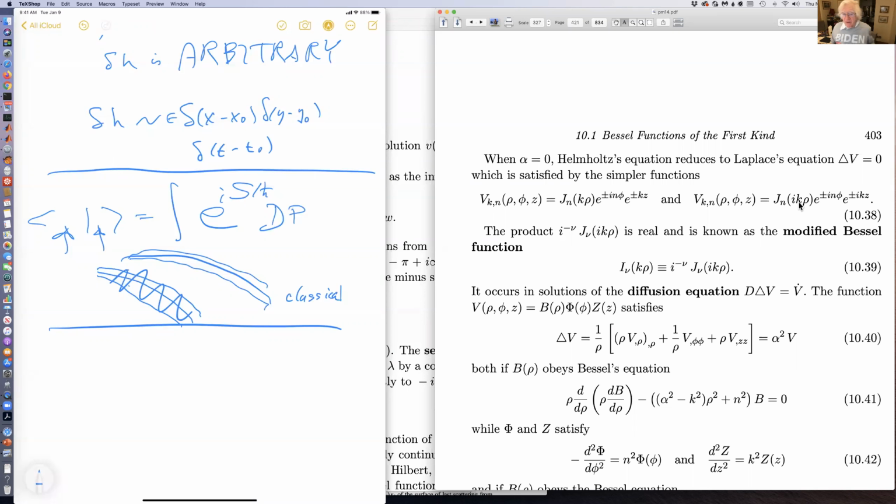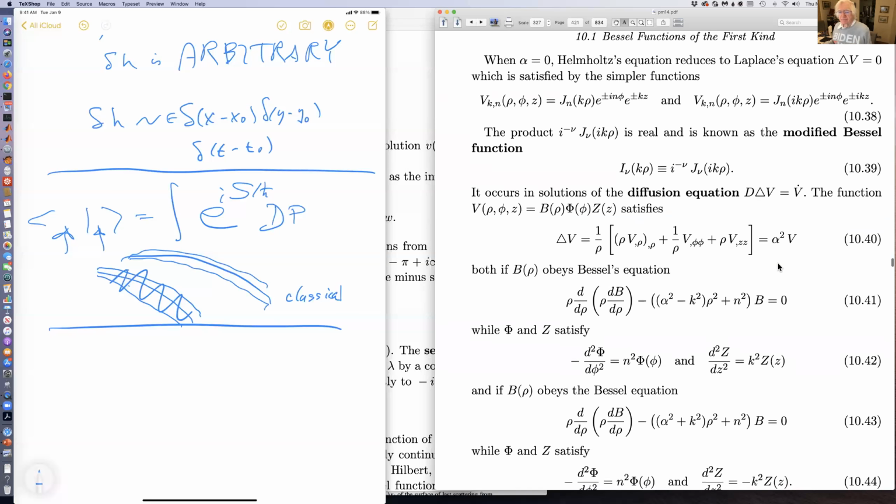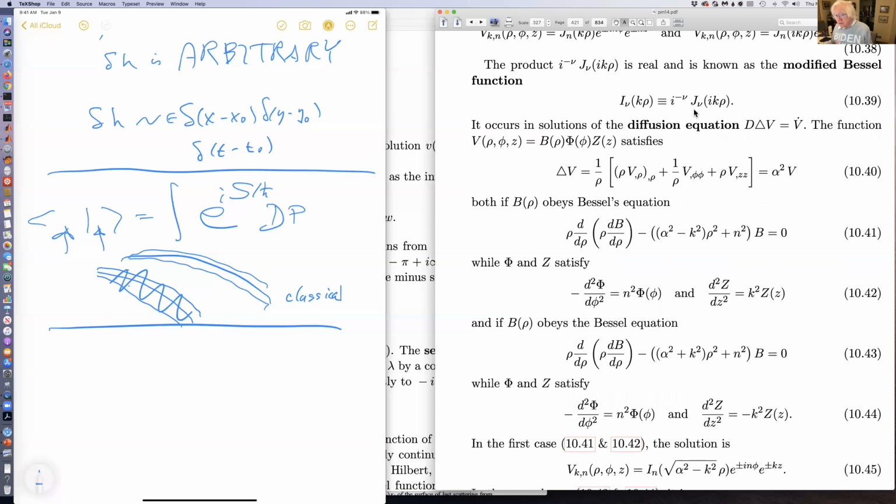Oh, I'm sorry, there's a nu on J. Okay, so this thing here is real, and it's the modified Bessel function. It's called I sub nu of kr, which is I to the minus nu J nu of I kr. And notice that nu can be complex.